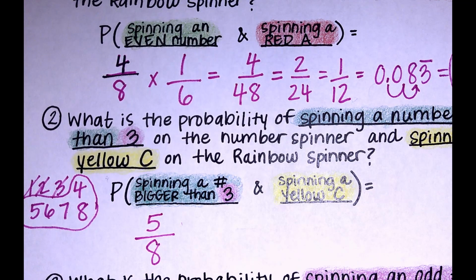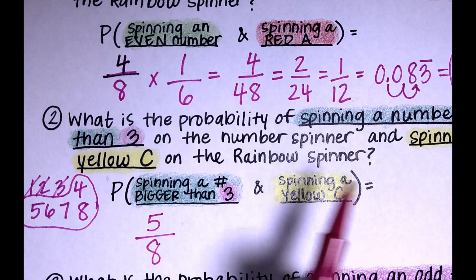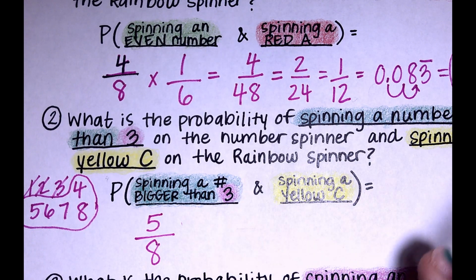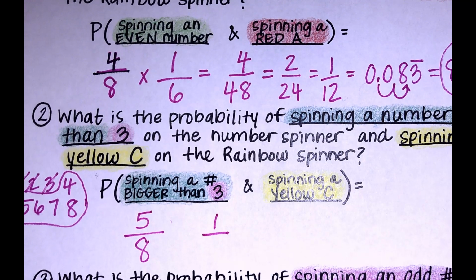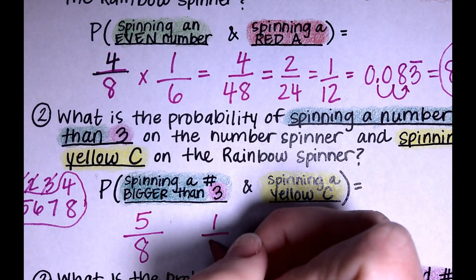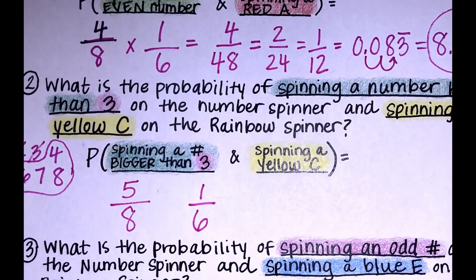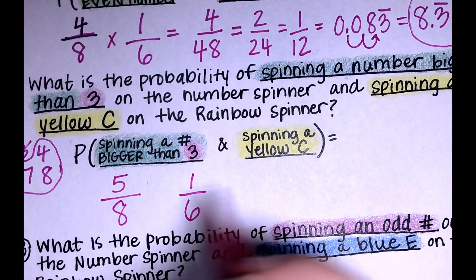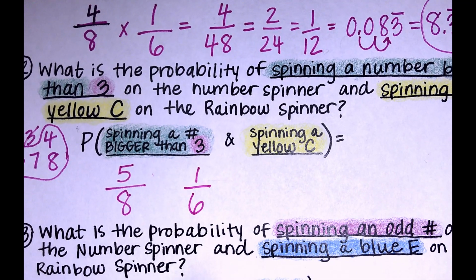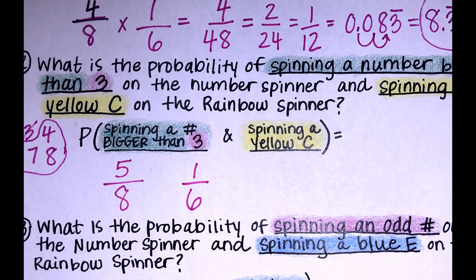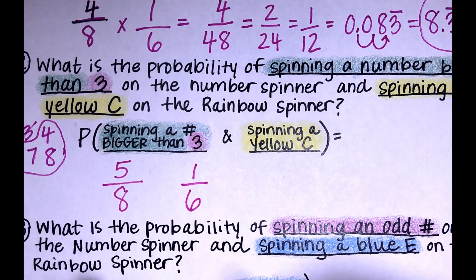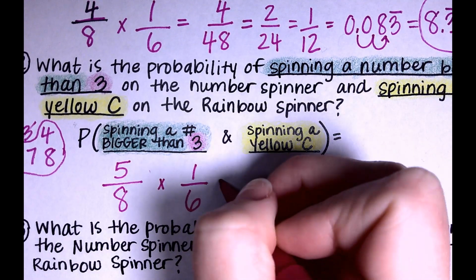Okay. What's the probability of spinning a yellow C on the rainbow spinner? Just 1 yellow C out of how many options? 6. Okay, so here are my probabilities for both of the events. How do I find the probability of them both happening? We're going to multiply.